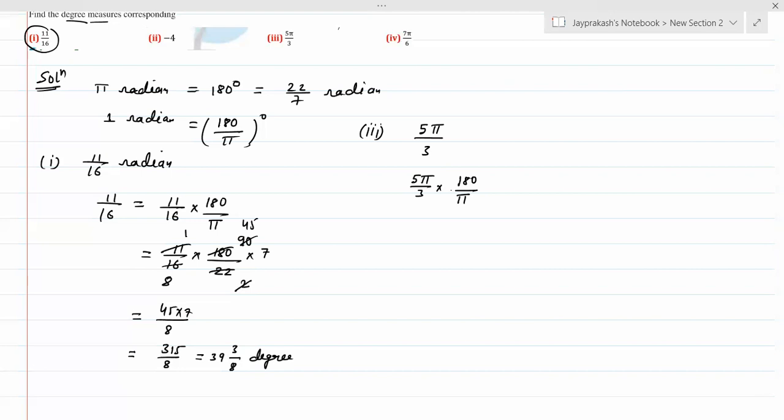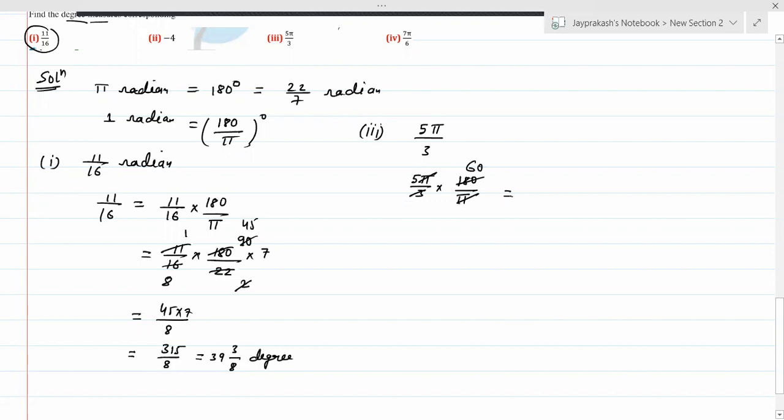So you can simply cancel out pi and pi. Don't be confused whether it is 180 degree or 22 by 7. Whatever the pi is, pi and pi will be cancelled. Now 3 into 60. So it's 5 times 60, which is 300 degree.